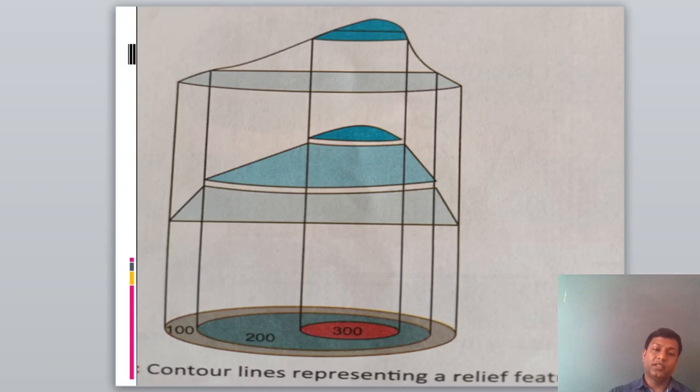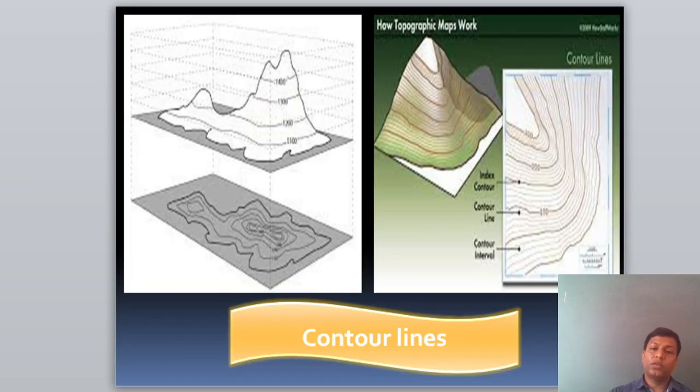Dear students, contour lines. One more picture I have. See, this is a three-dimensional figure. Whatever you see around you in the world is three-dimensional. It is quite difficult to draw a three-dimensional figure on a sheet of paper. That's why we have contour lines.